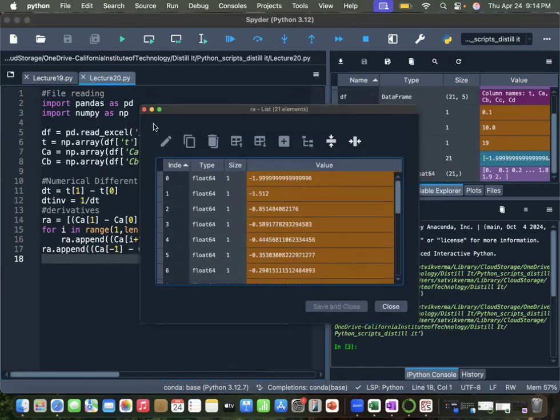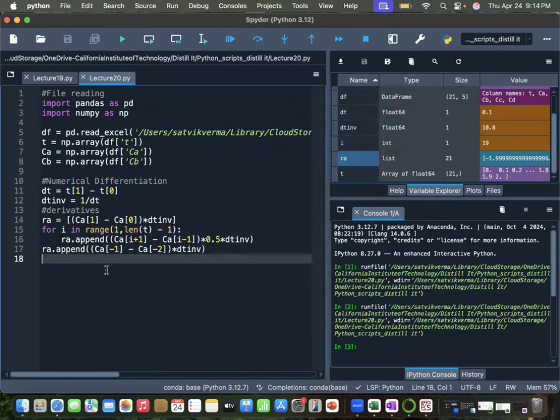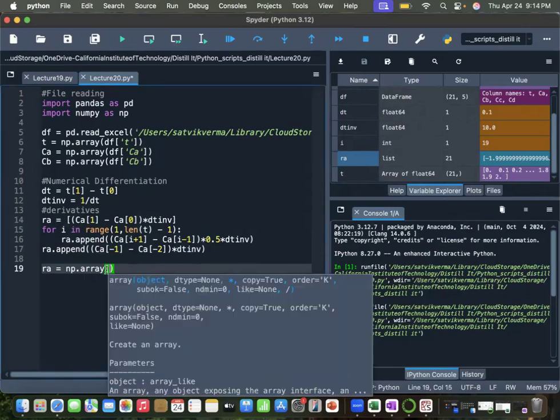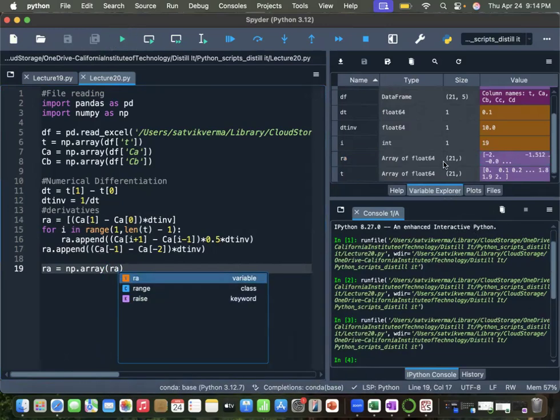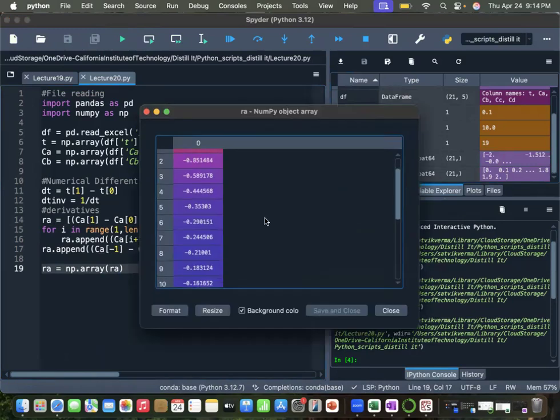Now you see this has been evaluated as a list, so we can convert it into an array: np dot array of the list, which is r, right? So now it has been converted into an array, and now you see this is the rate. The rate is definitely negative because A is actually decreasing over time.